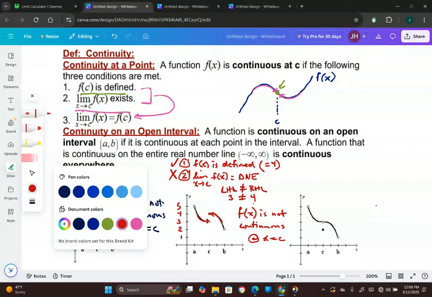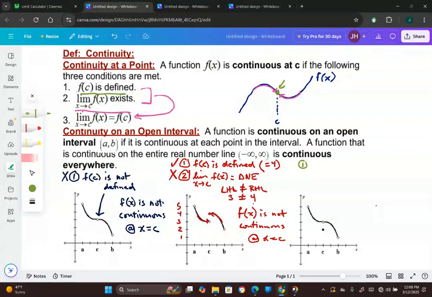Now let's do one more here. Let's check number 1. Right here on the graph, there is a point at c. f of c is defined on that third graph. In fact, it looks to me like it equals 2 if we're jumping by ones again. So the second part of my definition for continuity, the limit as x approaches c of f of x, has to exist.